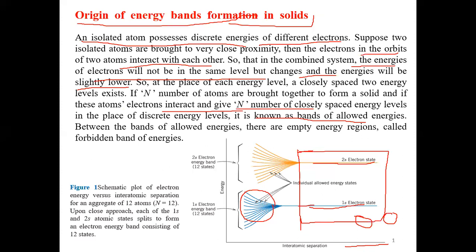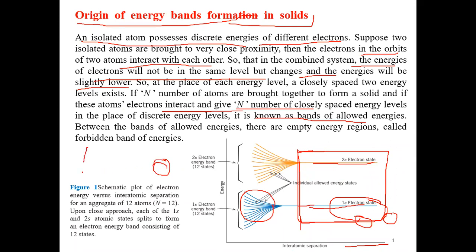That means when the atoms are free atoms, or the interatomic distance is very large, we call these energy levels. Each electron has different energy levels. When they come close to each other, there is an interaction between them. Suppose you consider the sodium atom.